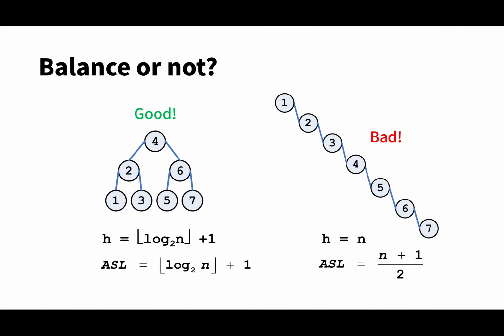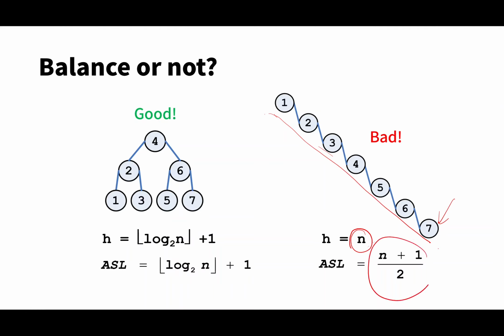But if the binary tree is not balanced, such as this, it is like a sequence. This is just a sequence. So the search time will be the same as the search in the sequence. The search time is n for the last element or an element not in the sequence.